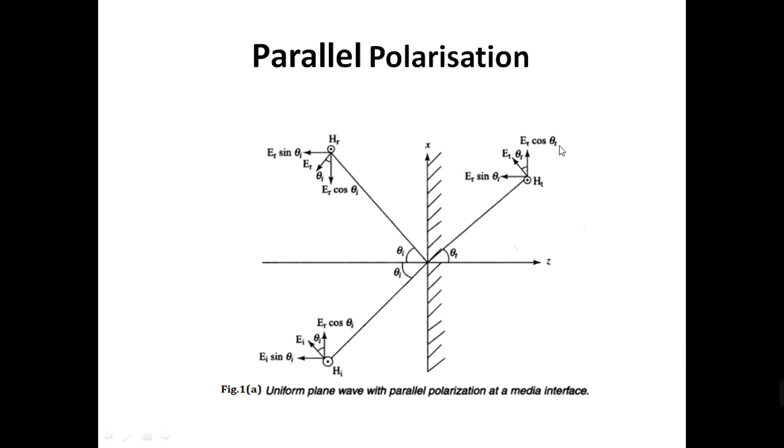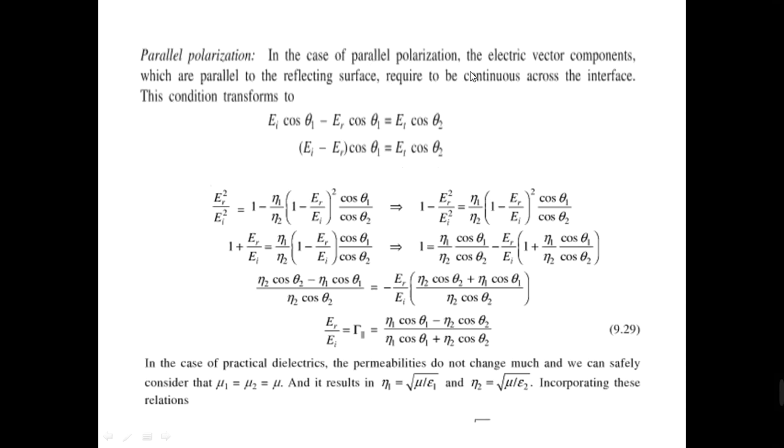So let us see here. In the case of parallel polarization, the electric field vector components which are parallel to the reflecting surface are required to be continuous across the interface. So continuous across the interface means E tan 1 should be equal to E tan 2.